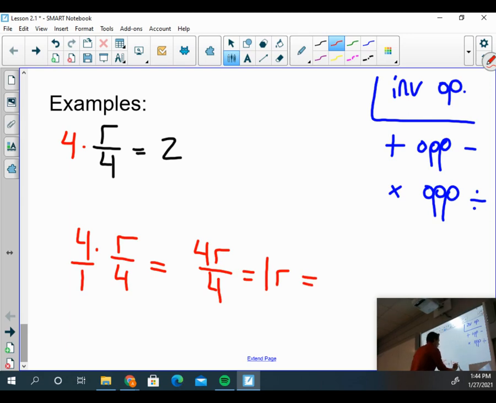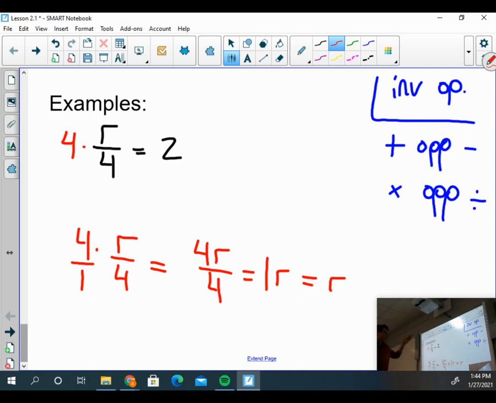Well, what is 1 times anything? 1 times anything is just itself. In other words, what I'm showing you here is that if something is divided by something and I multiply by that same thing, you are just going to be left with the variable. I'm dividing the R by 4 by multiplying by 4. The 4's nullify.